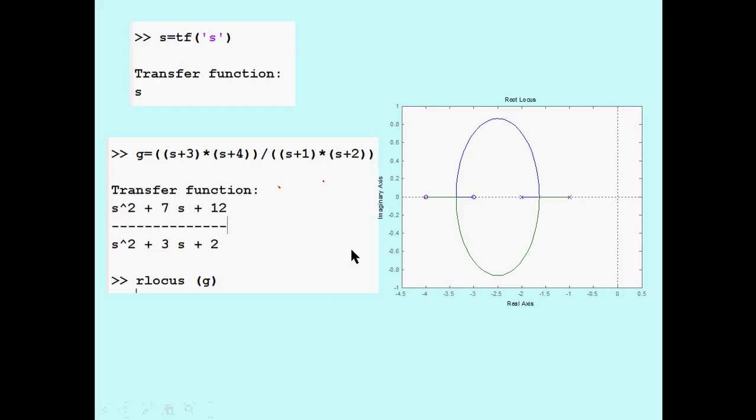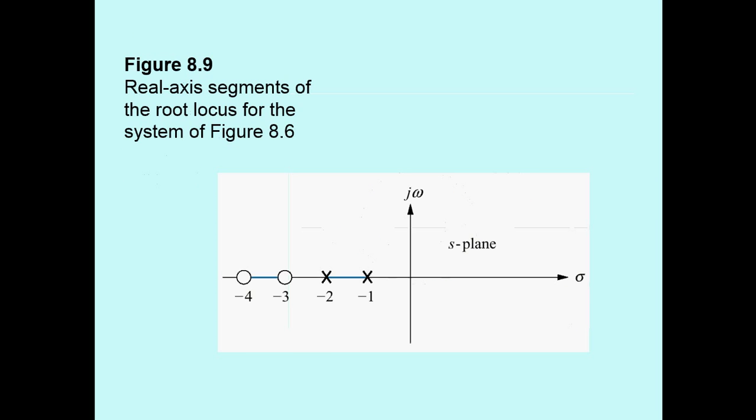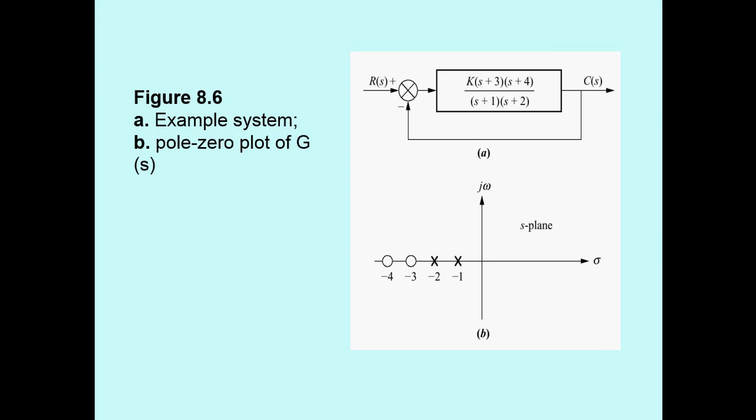Go to MATLAB and put this statement in here. And then we'll put the transfer function as you see up there. I think this is actually a very nice way of doing the transfer function. I would say it's a new way compared to what we have seen in the past.